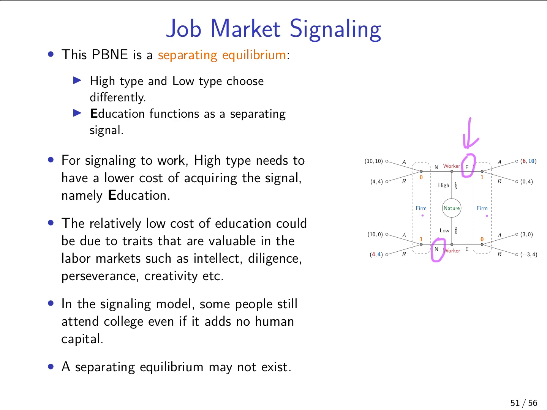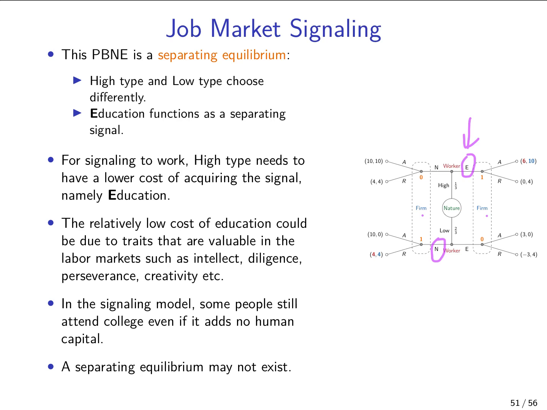In this case, the two types of worker choose different education levels, and therefore education functions as a separating signal, which separates the high types and the low types.